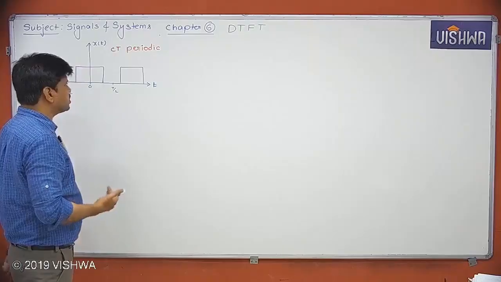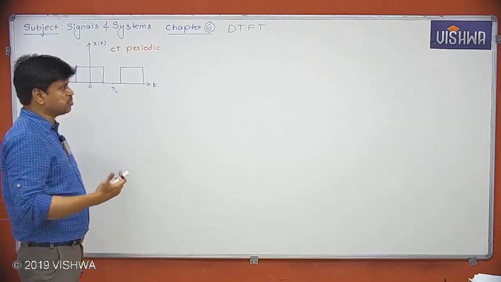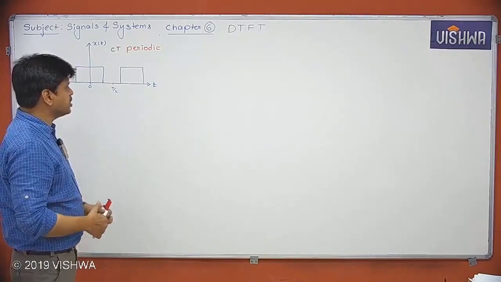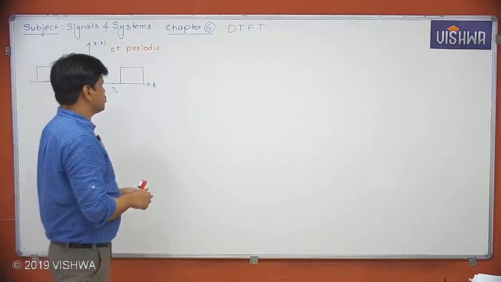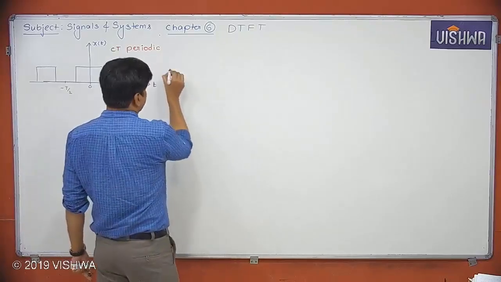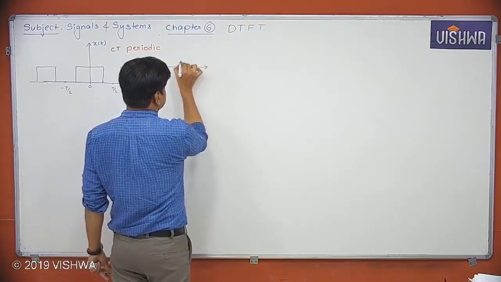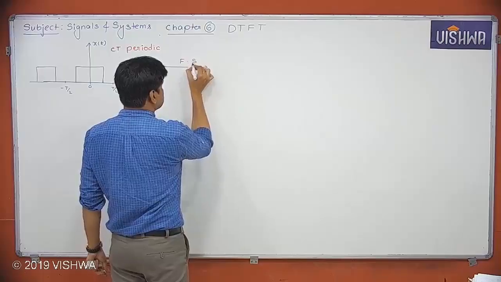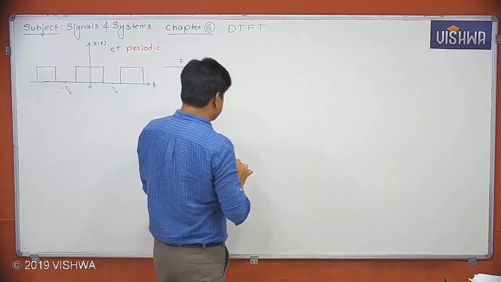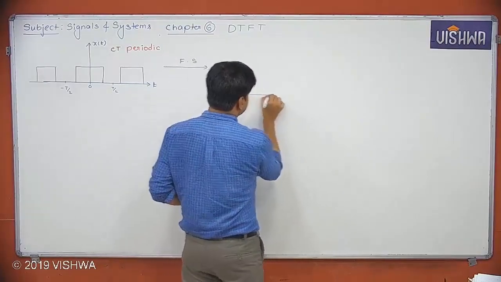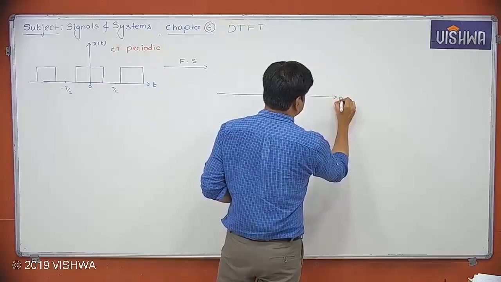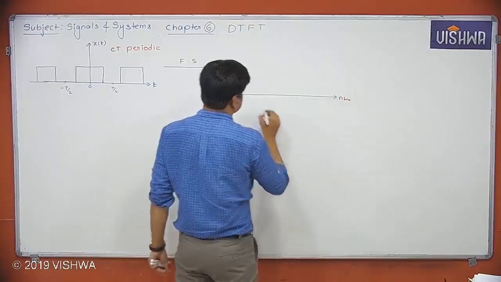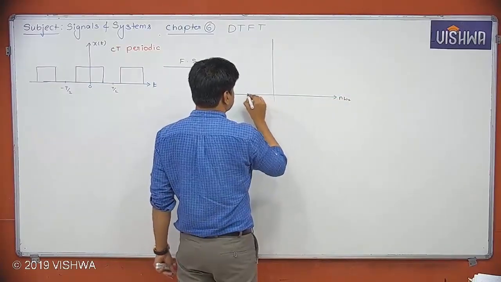For a continuous time periodic signal, we have to talk about the spectrum of Cn, that means the Fourier series spectrum. If I take the Fourier series for this, then what we are going to get is the Cn spectrum at n omega naught.